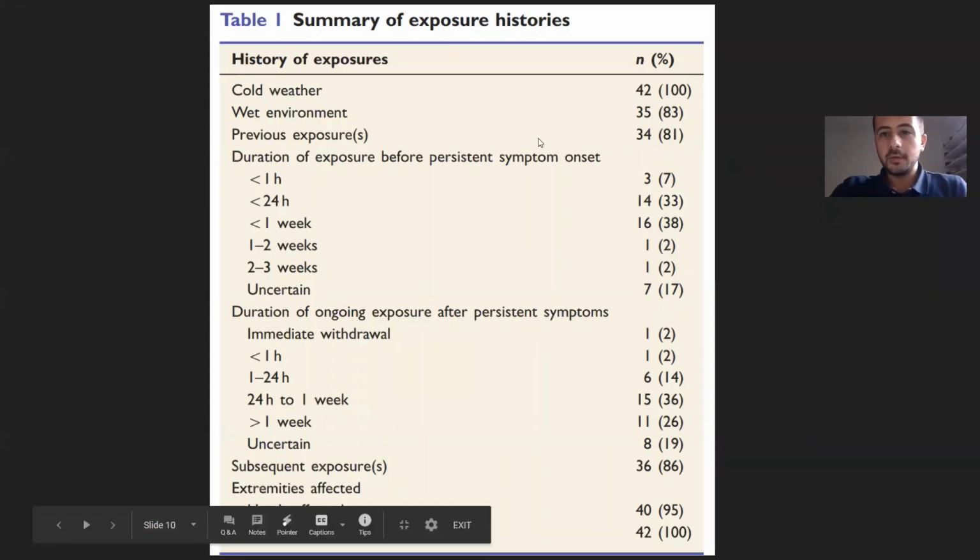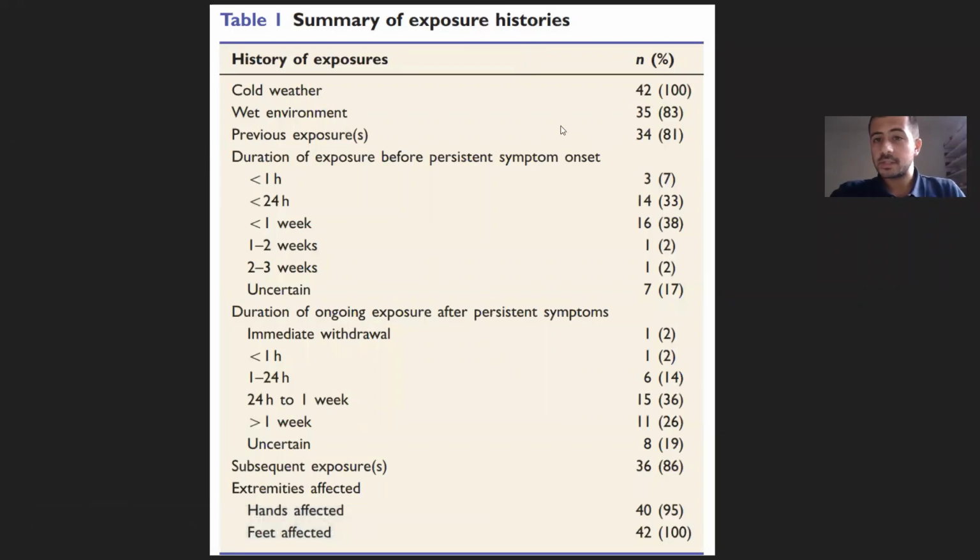Okay, here we can find a table for the characteristics of one of the papers we already discussed. What do we see here? We have exposures, and for reporting the exposures, for cold water, 42 patients were exposed, and they present 100%.